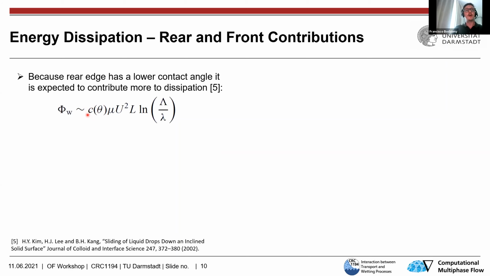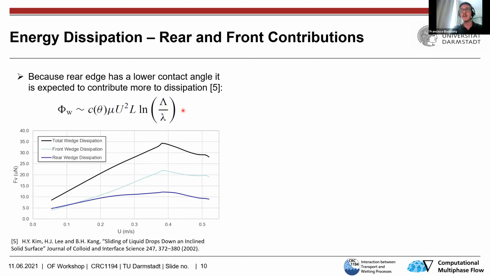So this C parameter is inversely proportional to the contact angle. By this correlation, we would expect that the rear part, since it has a lower contact angle given by the receding angle, will have a higher dissipation rate, and thus a higher contribution to the dissipation forces acting on a droplet.